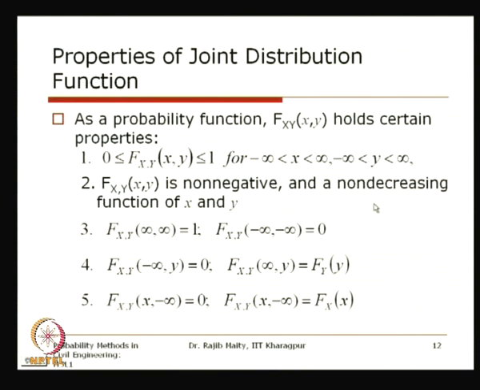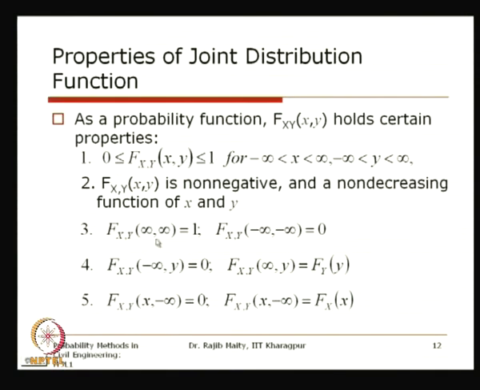This is because the function is obtained by integrating the PDF, the probability density function, and when we integrate from the left extreme gradually towards the right extreme, at each small step over the range of the random variable we add gradually to the previous value. So obviously it will be a non-decreasing function.